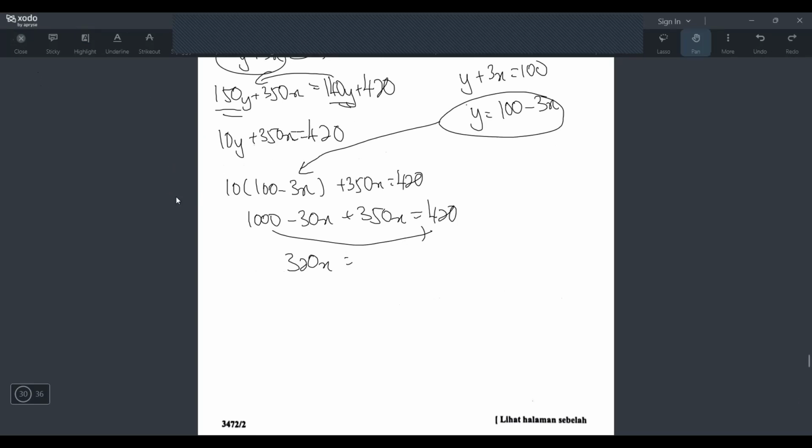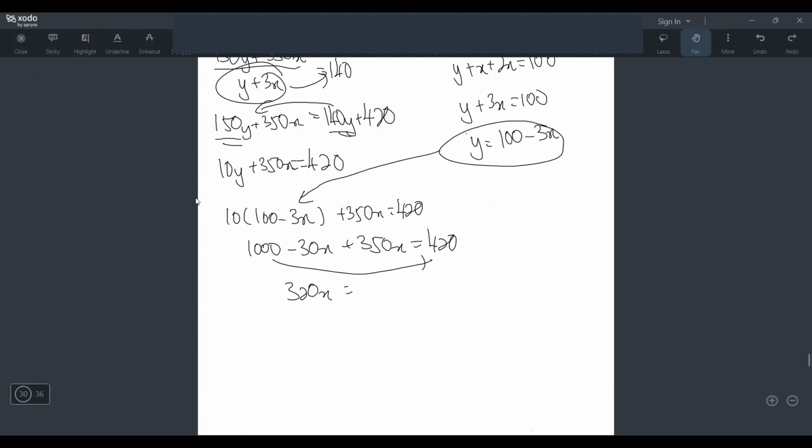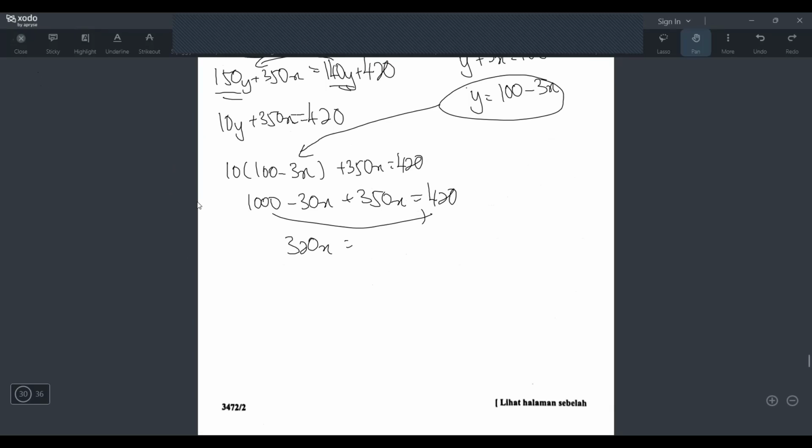Wait, it means my x is negative. How can x be negative? Okay, never mind, let's do it first. 350 minus 30 is 320, right? But 420 minus 1000, you get a negative answer.